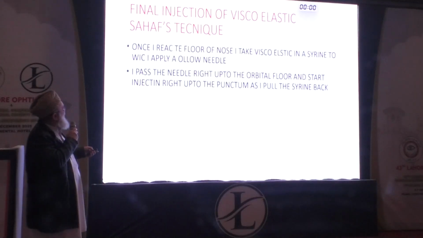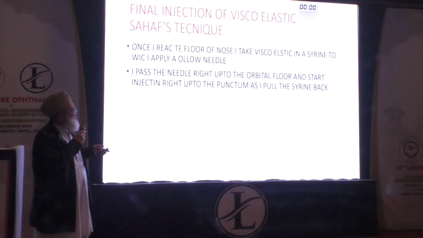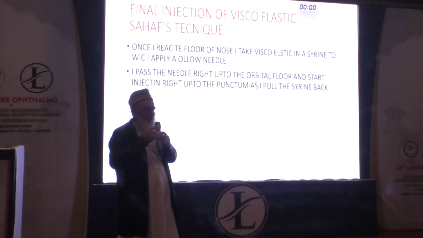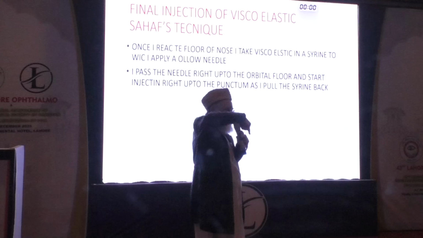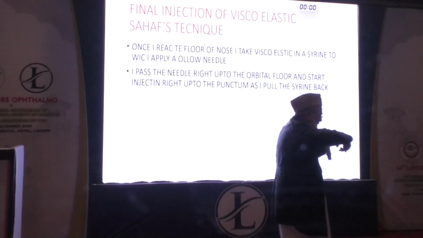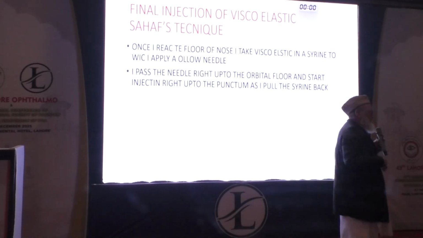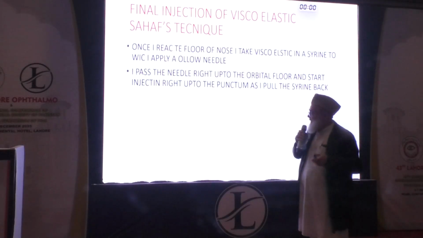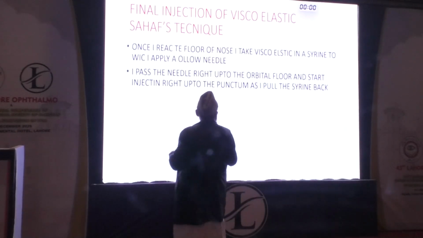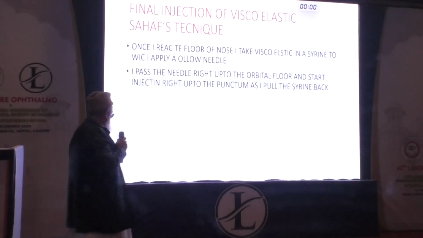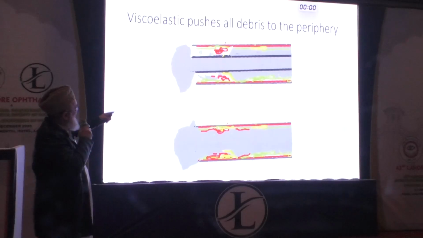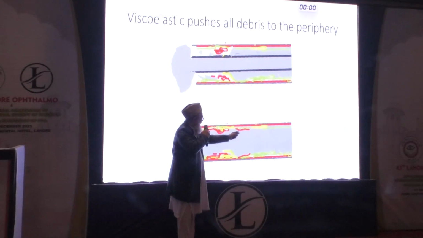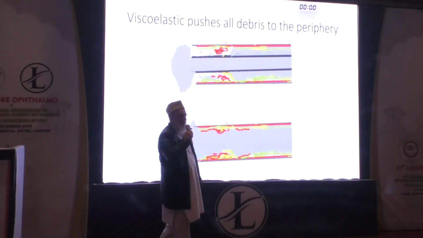ناؤ once I reach the floor of the nose, I take the viscoelastic in the syringe, اس کے آگے کینولا لگا کے I pass the cannula right up to the nose, and while coming out I inject the viscoelastic, not while going, coming out. وہ کیا کرتا ہے, یہ دیکھیں, when I reach the nose I start injecting and just pull out the needle.